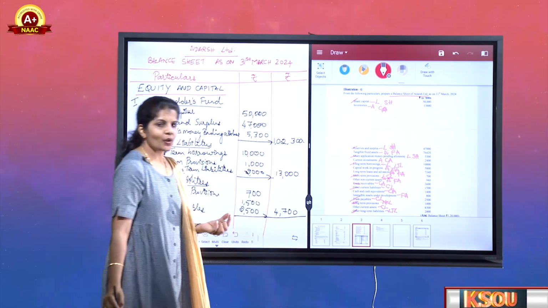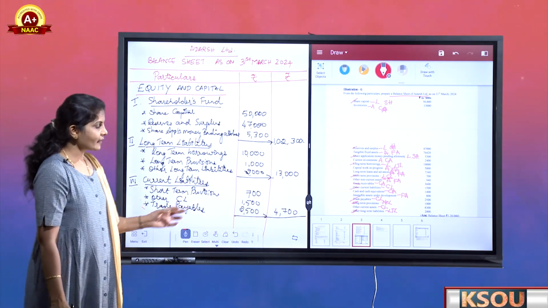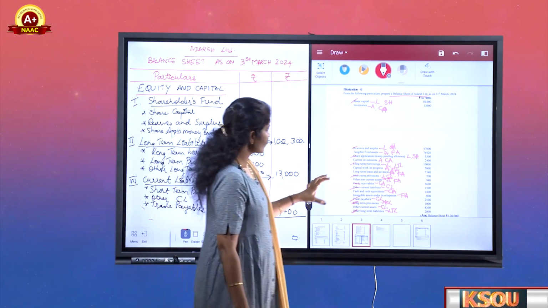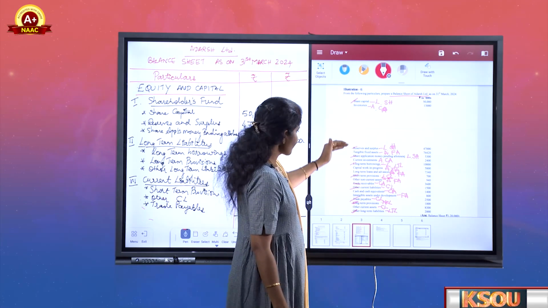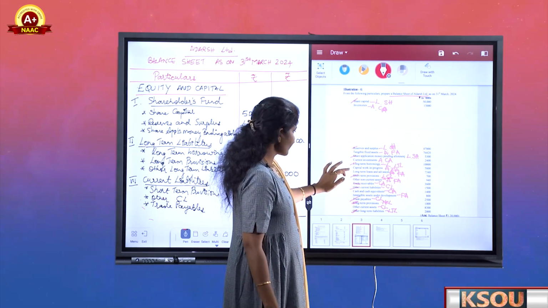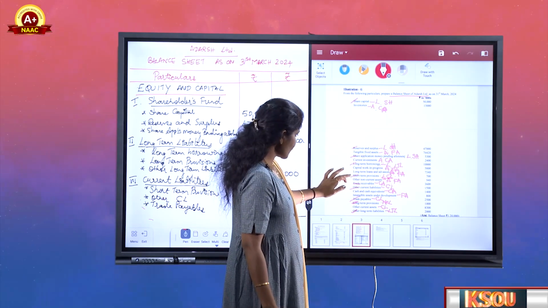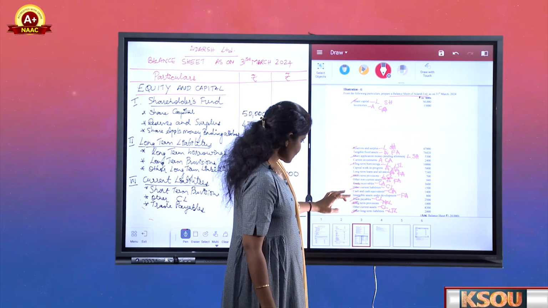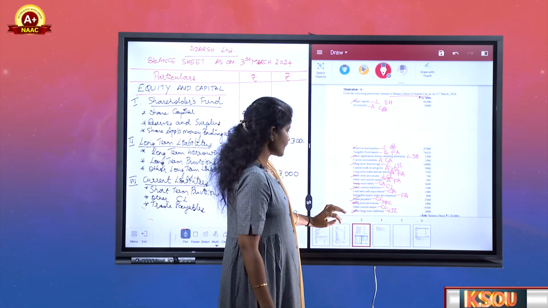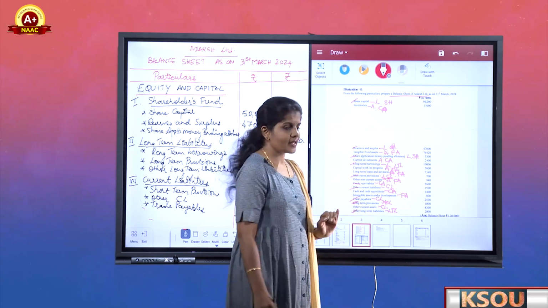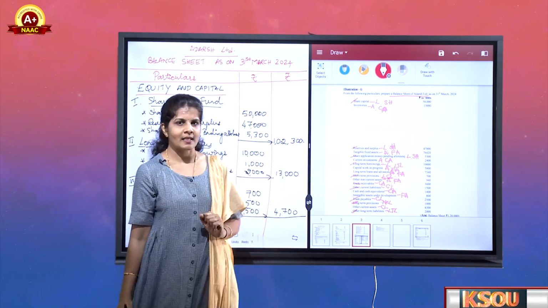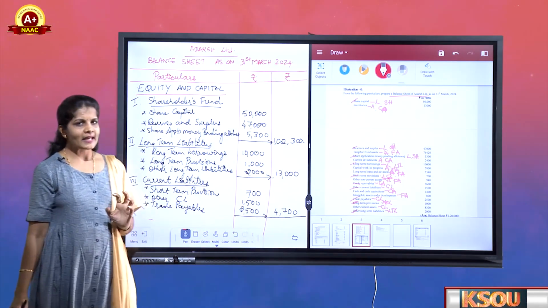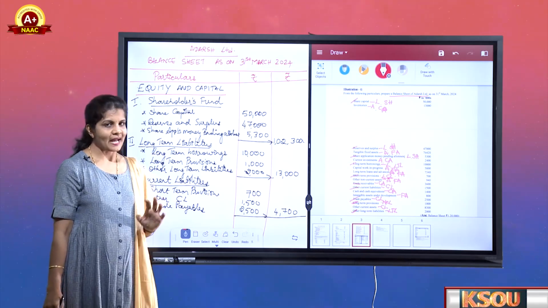So we have taken all the items on the liability side. If there is any left out, let us look once again: inventories, tangible fixed asset, current investment, capital work in progress, long-term loans and advances, non-current assets, cash and cash equivalents, intangible assets under development, other current assets. All these are on the asset side. That means we have taken all the liability side of the balance sheet, correct?